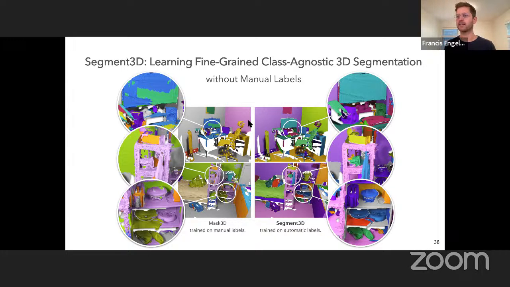And I think that is a strong point, that we can use these pre-trained foundation models that are actually made for a different domain, the 2D image domain, and then use them in the 3D space and pretty much get labels for free. So I think that really shows the power of these models.